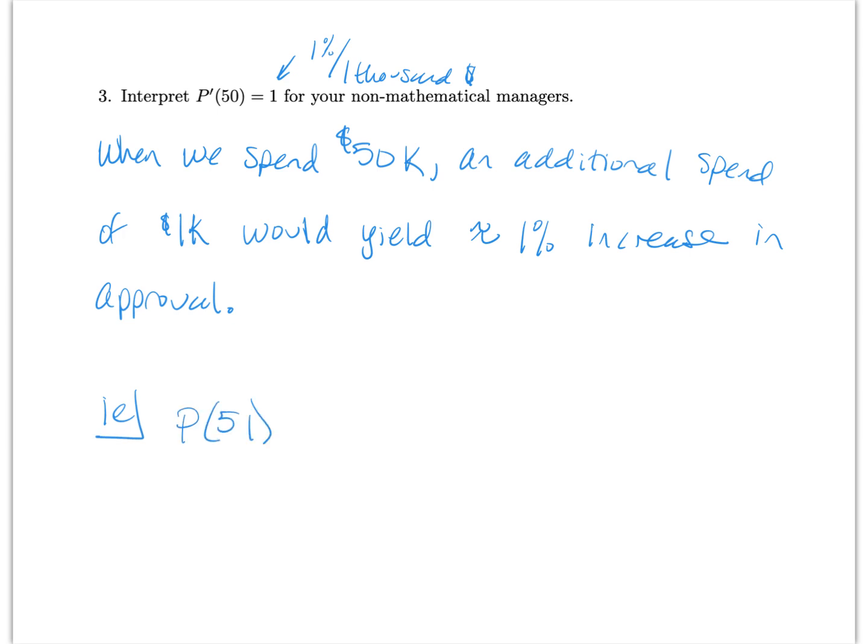So P of 50 was 66 from the previous question. Let's write that down. We knew that. So P of 51 should be approximately 67. So if you spend $51,000, you should get an additional 1% in approval, so 67% approval.